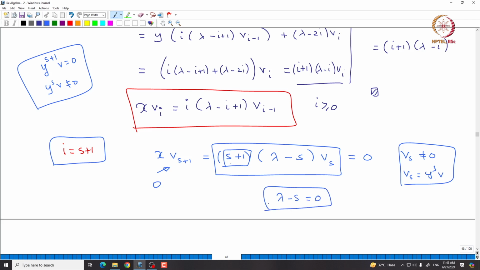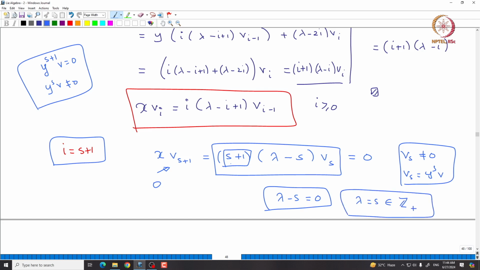So this is indeed a striking fact. Even though we started with lambda as an arbitrary complex number, the sl2 representation theory actually controls completely what lambda could be. Indeed, lambda could be only s, and that must be a non-negative integer.